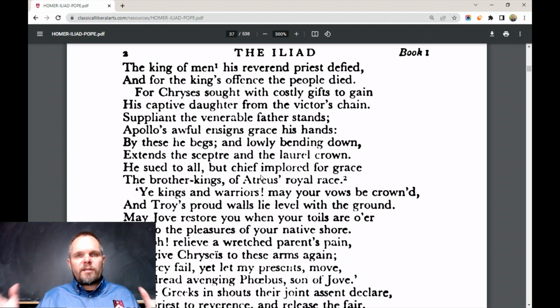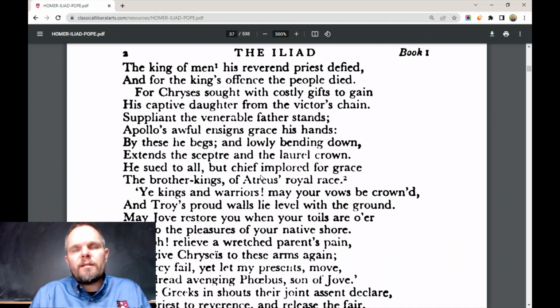So here we have this scene where Chryses, the priest of Apollo, comes before Agamemnon. Suppliant, we see, the venerable father stands. This idea of suppliance in the ancient world was what it meant to present oneself before someone else, whether it's a god or a powerful person or anyone, to present oneself in a vulnerable position, in all humility, asking for mercy.